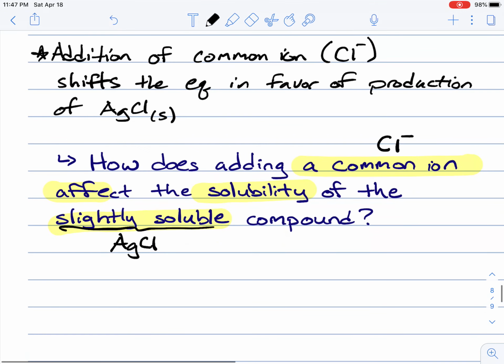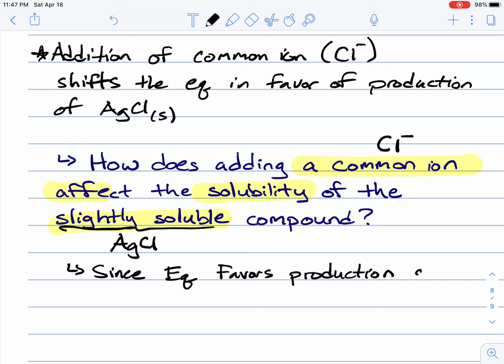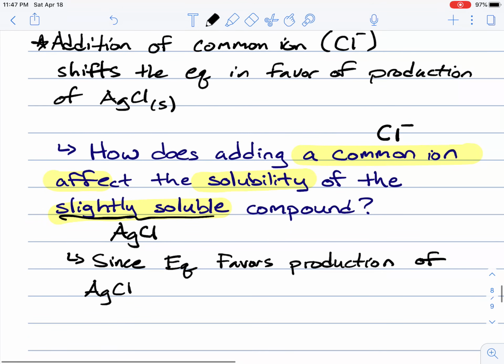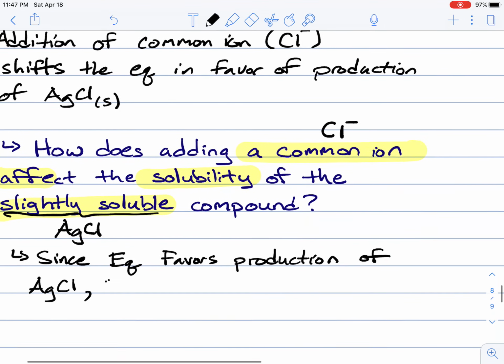Well, since you're making more, since the equilibrium favors the production of AgCl, the forward reaction is no longer favored.